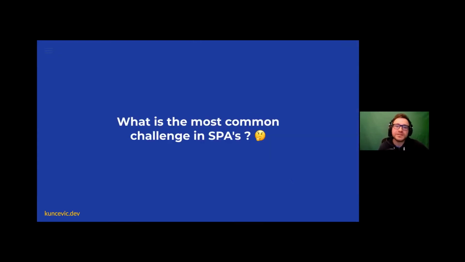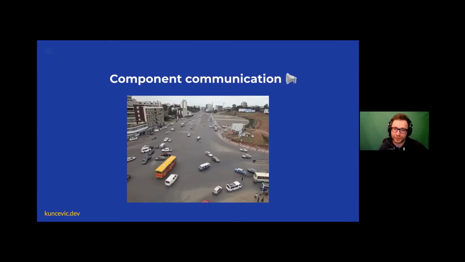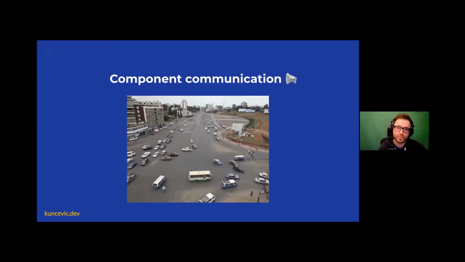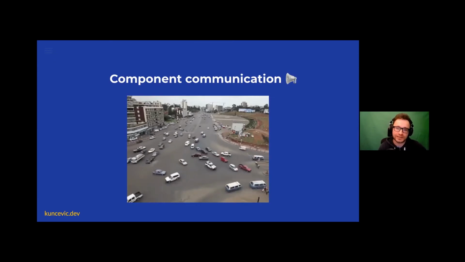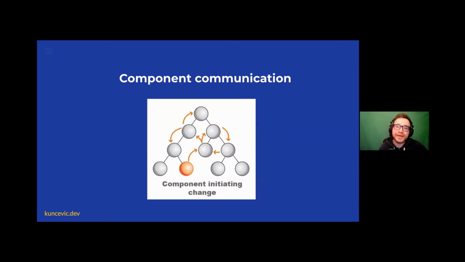So, what is the most common challenge we are facing when developing single-page applications using modern front-end frameworks? It is component communication, or basically the data flow. That's always the complex part you have to think about. In many cases, when a component initiates a change, everything that relies on the change needs to be updated accordingly.